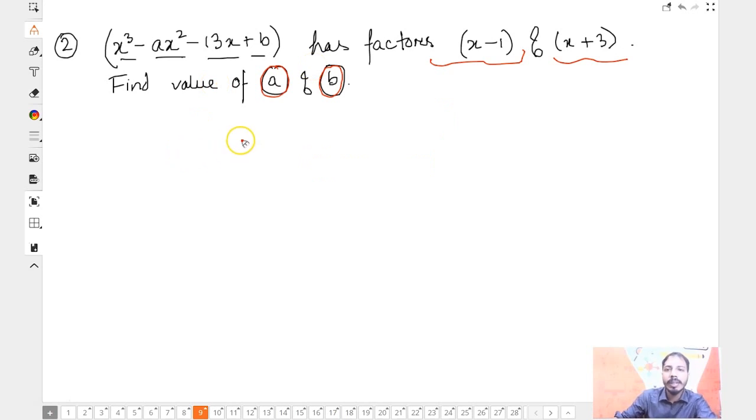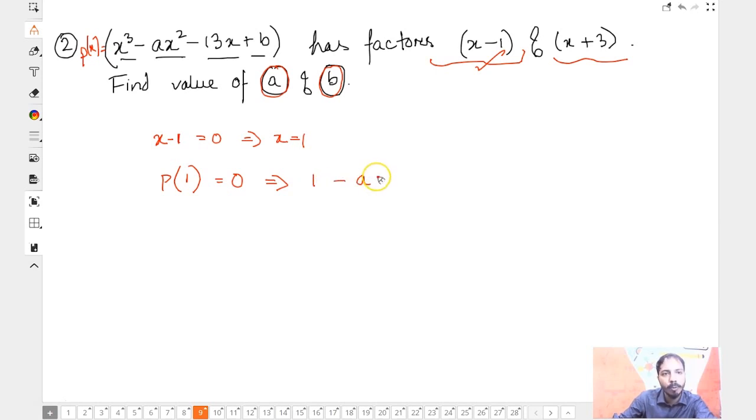Now using this, if this is a factor of this polynomial, that means what? They have said that x minus 1 is a factor of this. That means if I equate to 0, I get x is equal to 1. That means if this is p of x, let me say this is p of x, then p of 1 should be equal to 0. Let me put the value 1 here. So it will be 1 cube is 1, minus a into 1 square is 1, minus 13 into 1, that is 13, and plus b should be equal to 0.